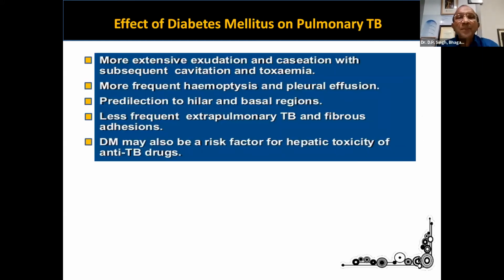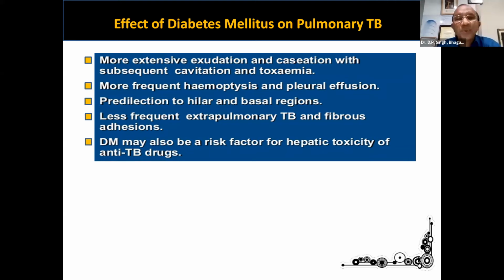So what is the impact of diabetes on pulmonary tuberculosis? It will cause more extensive disease, more toxemia; hemoptysis and pleural effusion are seen frequently. Hilar and basal regions are more involved, and diabetes may be a risk factor for hepatic toxicity.